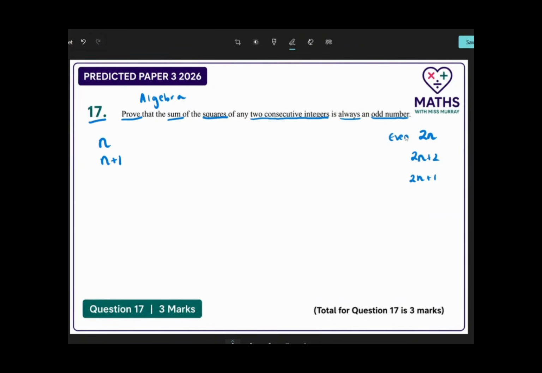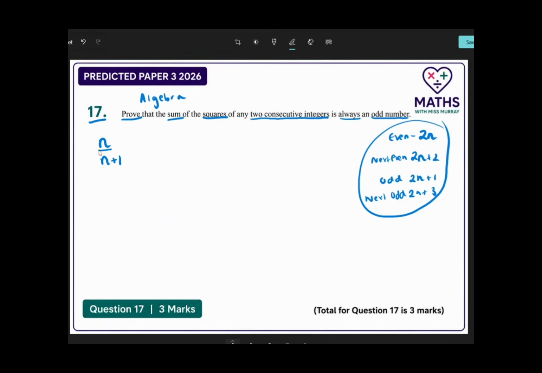Just giving you these in case it comes up, this is the next even number. This is odd. The next odd number, so the consecutive odd number, would be 2n plus 3. That's the next odd. So they're useful to know if you get a question like this, because that's what you're expected to start with. But anyway, back to what we're doing. So we've got 2 consecutive integers.